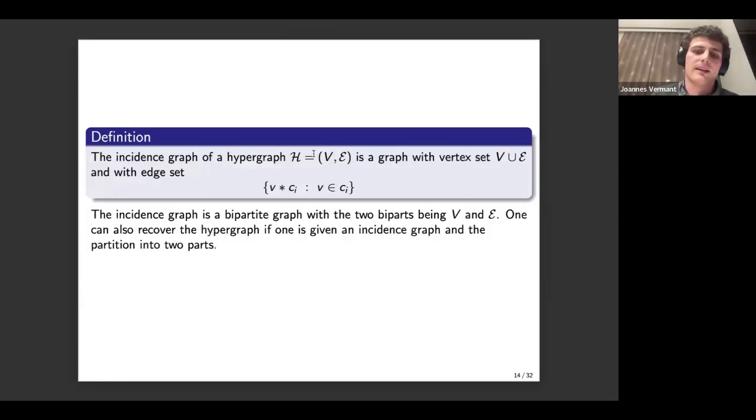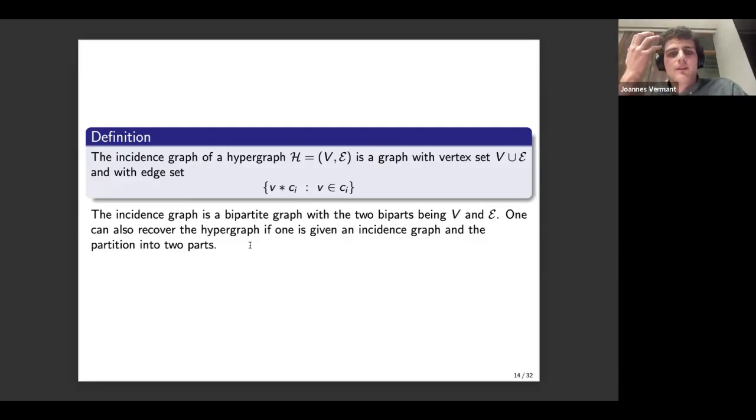For hypergraphs, one can define the incidence graph as being the graph with vertex set V union E, and with edge set being the set of all incidences between vertices and edges. So you put an edge exactly when a vertex is contained in a hyperedge.